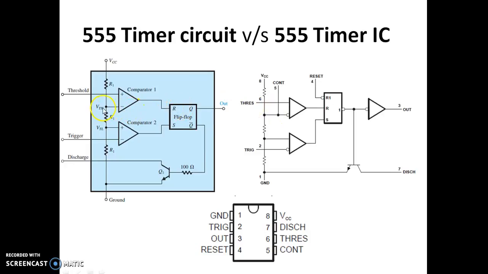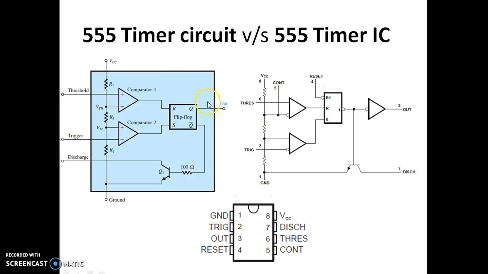I can see this negative terminal of the first comparator, which is VTH written, is actually named as control in an IC. So if you see this, there are two extra terminals for this IC. One is we have a reset.